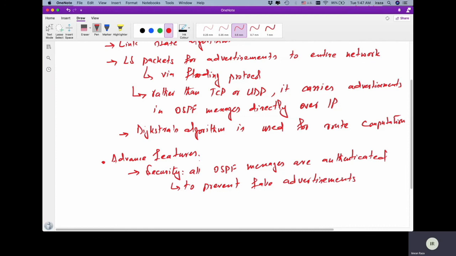Okay. Similarly, it also allows multiple same cost paths.